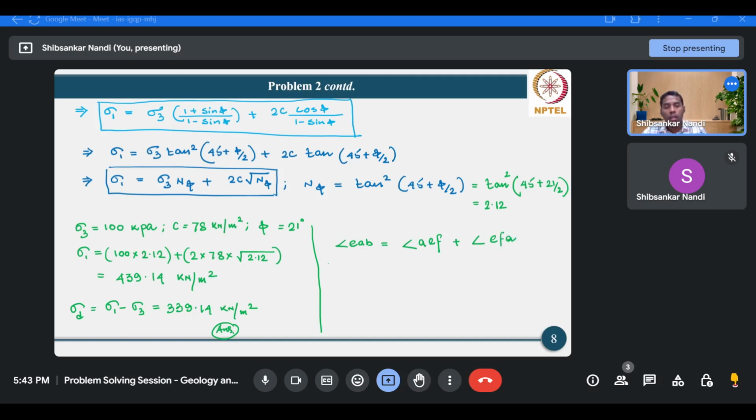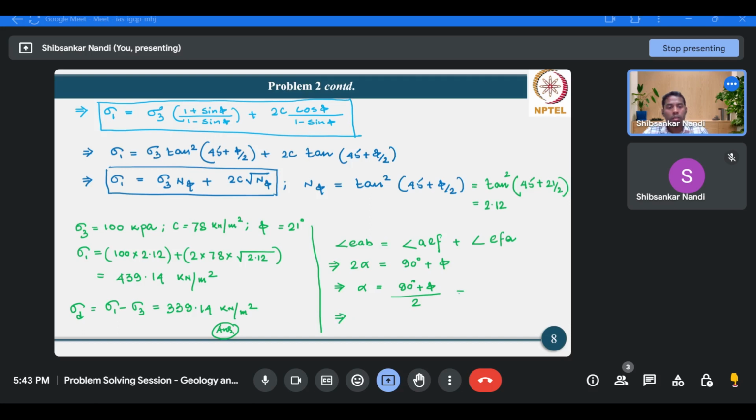Now what is the value of EAB? So this is 2 alpha. What is the value of AEA? So this is 90 degree. And what is the value of EFA? So this is phi. So alpha would be 90 degree plus phi by 2.